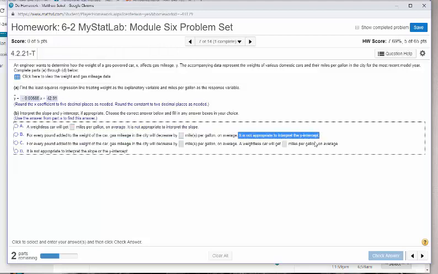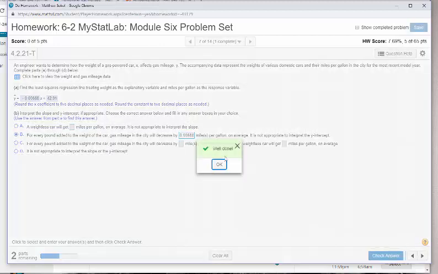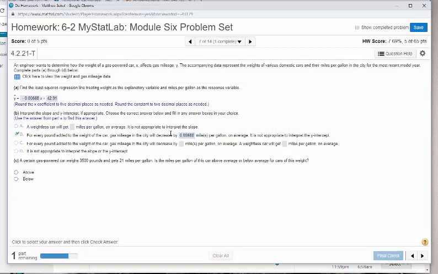In regression, it has no meaning. So you're going to interpret the slope: for every pound added to the weight of the car, gas mileage in the city will decrease by 0.00688 miles per gallon on average. That's what it means, and you can see we got it right there. The reason I didn't put the negative in there is because it already tells me it decreased.